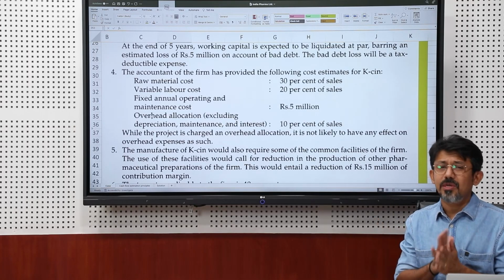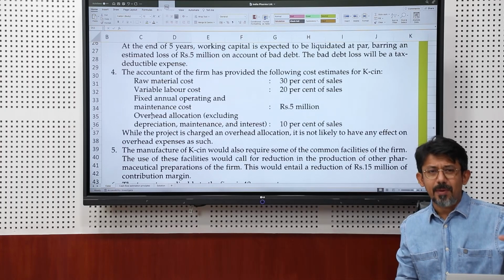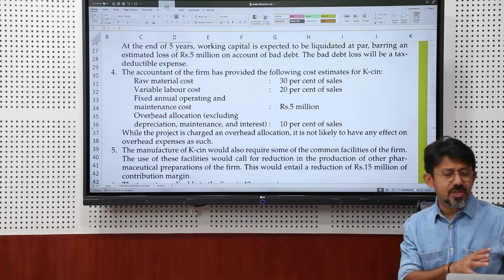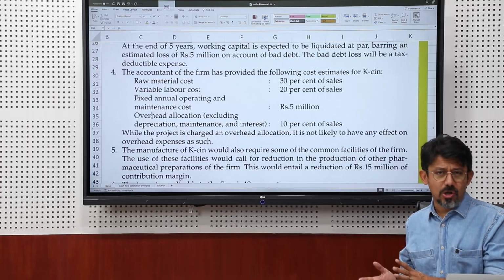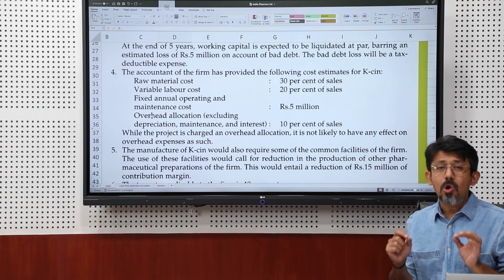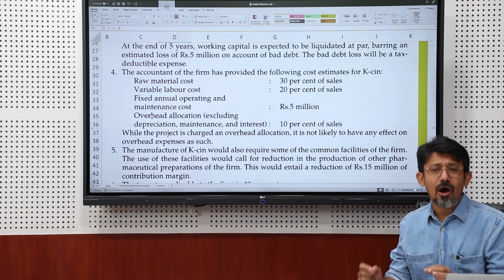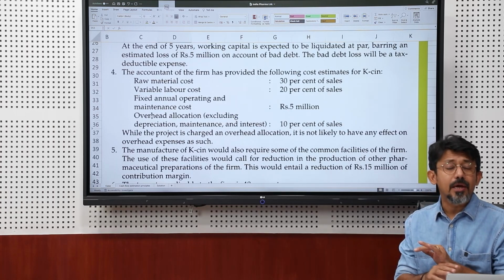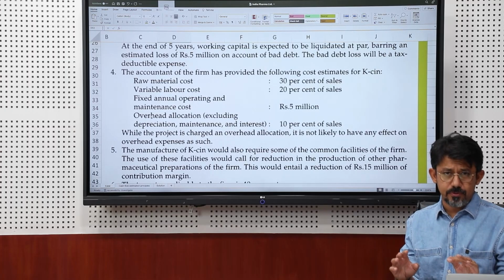If the answer to this question is no, then my rent expenditure before launching case-in and after launching case-in remains the same, then rent is not an incremental cash outflow, and hence I ignore it for decision making purpose.